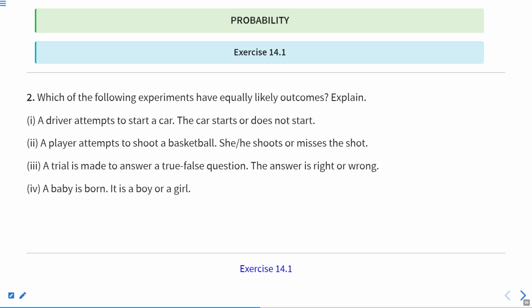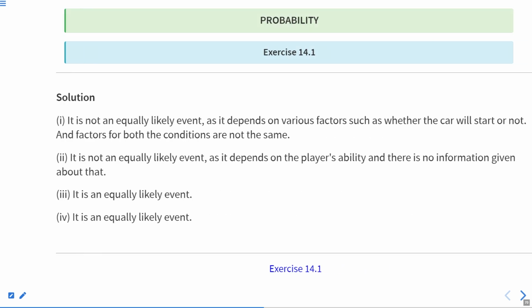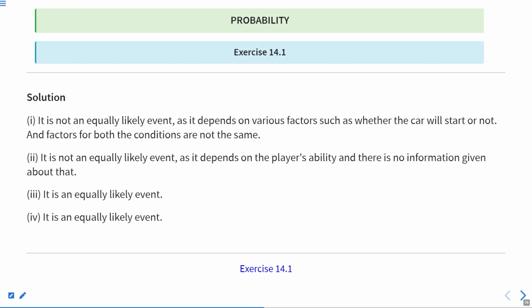In the fourth one, a baby is born. It is a boy or a girl. This experiment is basically an equally likely event. It does not depend on various factors.